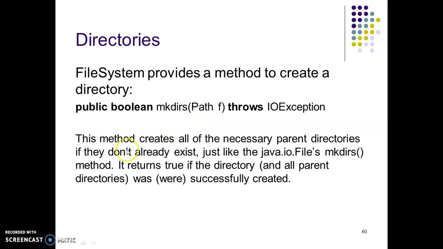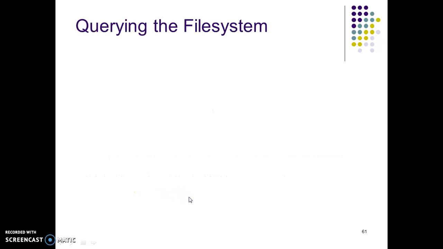This method creates all of the necessary parent directories if they don't already exist. The mkdirs method returns true if the directory and all parent directories were successfully created.